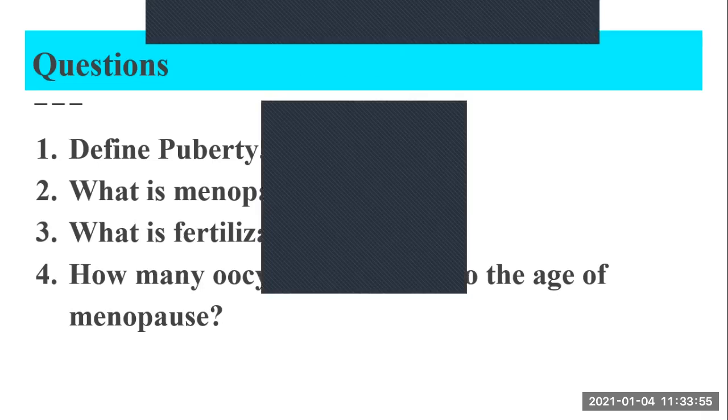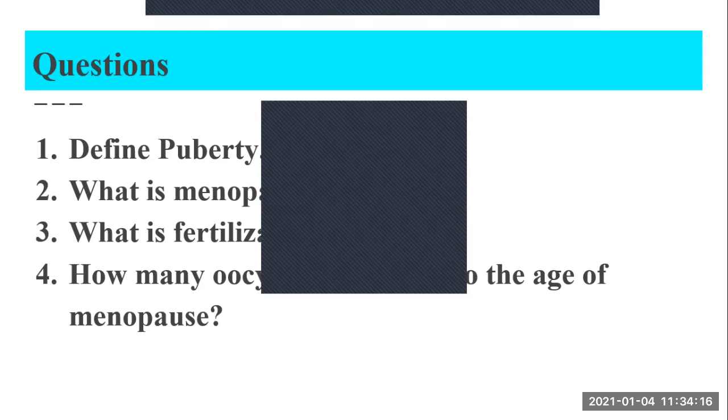Yes, Asra Sheikh from Kirnagar. Asra, unmute yourself. Yes, tell me, what is fertilization? The process by which two haploid gametes unite to form a diploid zygote is called fertilization.